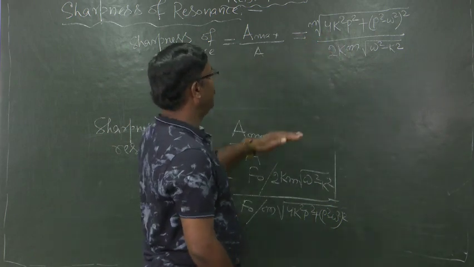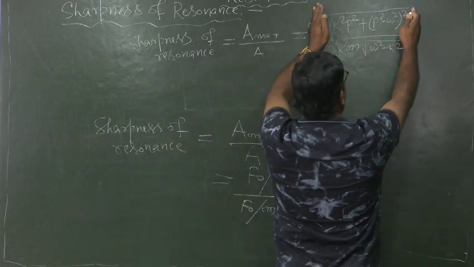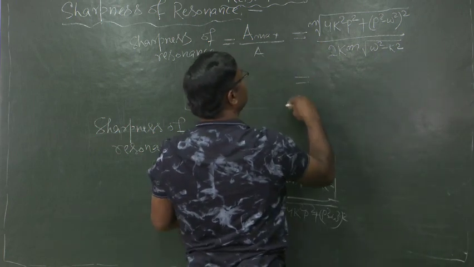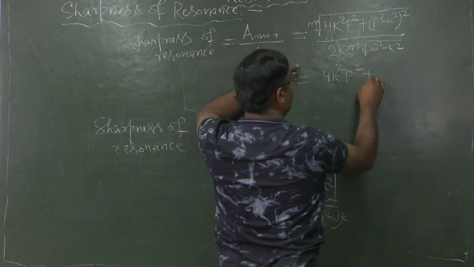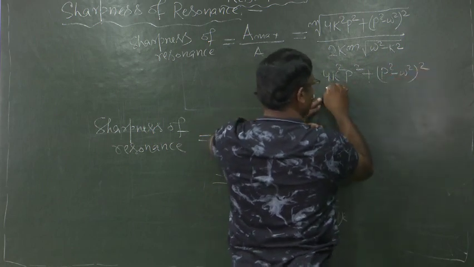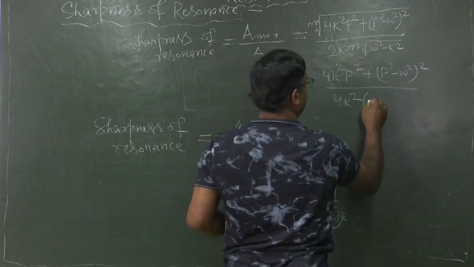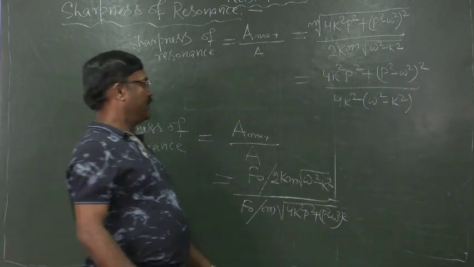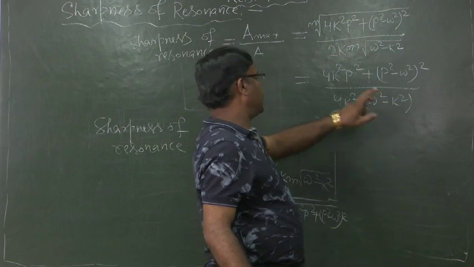If we omit the root over, that means taking the square of the numerator and the denominator, we can write this as 4k²(p² + (p² − ω²)²) divided by 4k²(ω² − k²). But we know that ω² − k² is nothing but p².